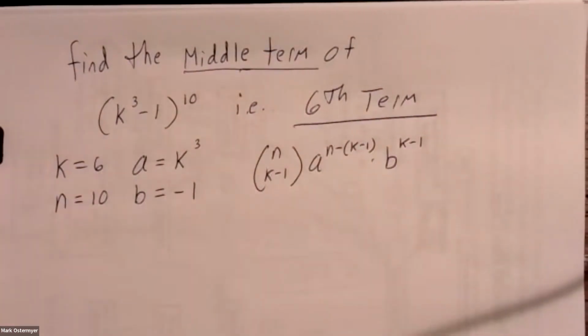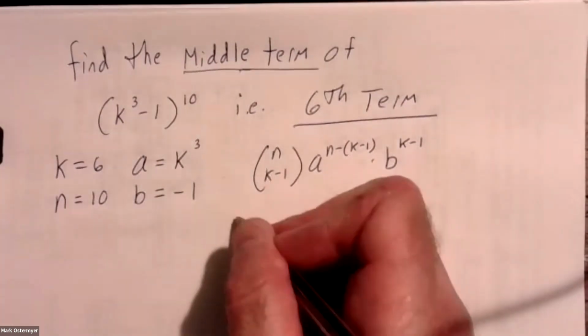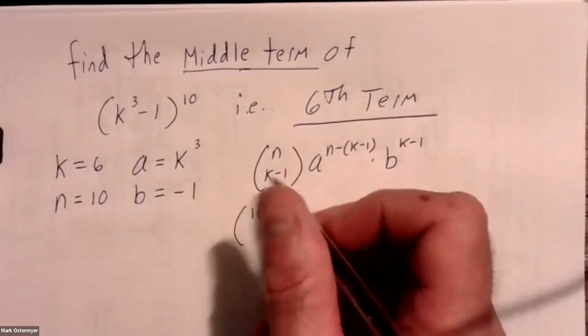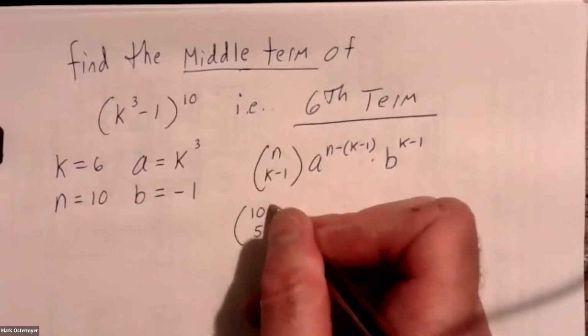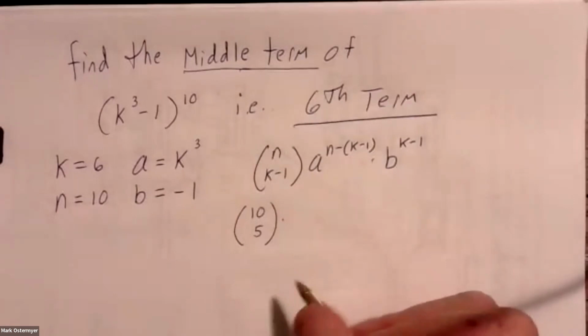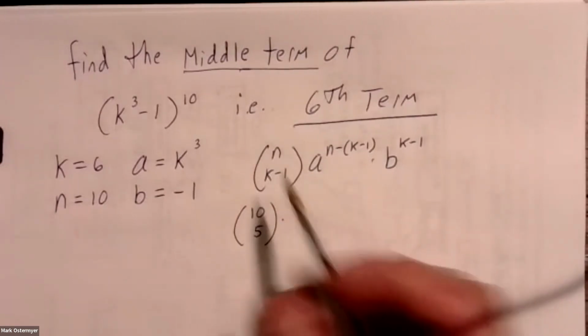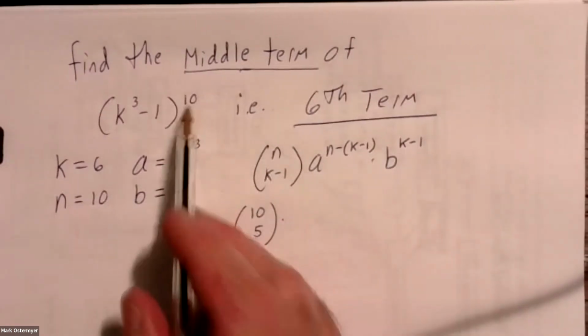Just fit things in. So n is 10. So we have 10 in combination with 6 minus 1, or 10 in combination with 5. That'll provide the coefficient that comes from Pascal's triangle, which would be the 11th row of Pascal's triangle.